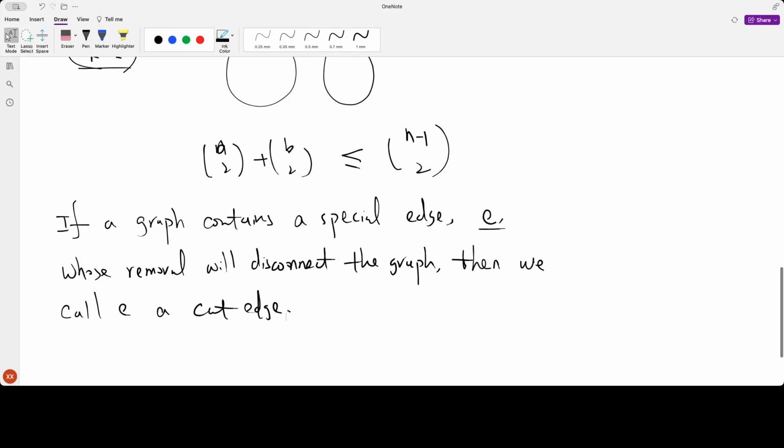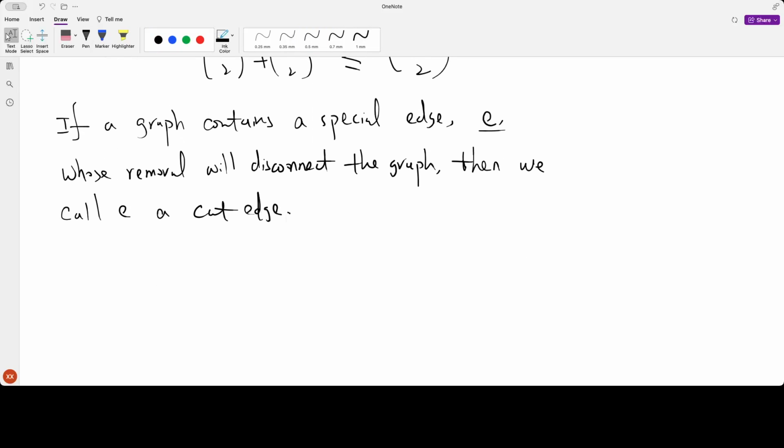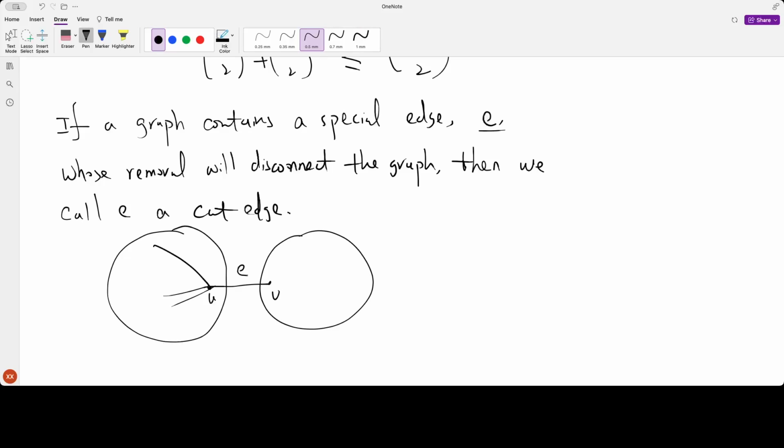I think we mentioned this before. You have an edge E which is special. For example, this edge has 2 end vertices U and V. Here is part of your graph, and here is another part, and they have no relations with each other.